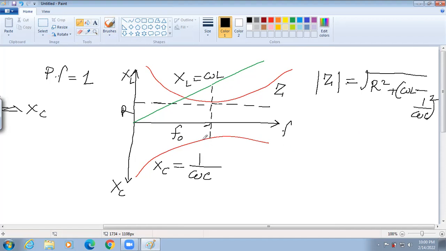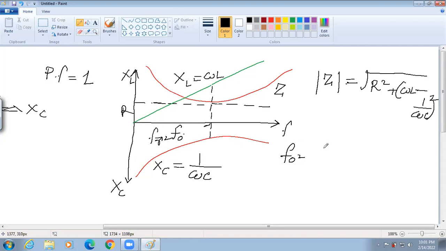So when the frequency is zero, at zero frequency, both the XC and the Z are infinitely large.